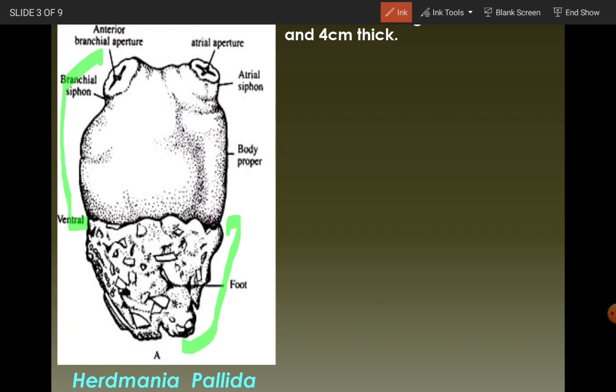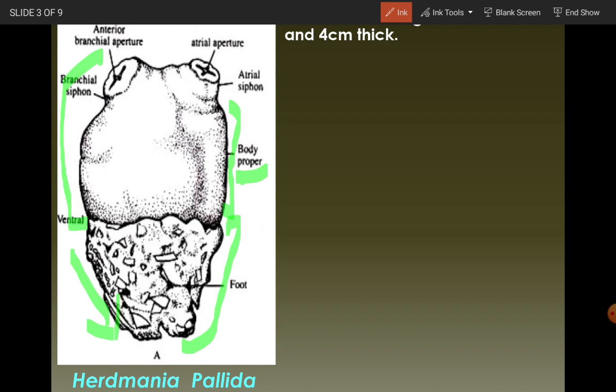Now if you see this body proper, it looks like a sac. This is the sac of the body wall, and the foot becomes a little narrower as it attaches the Herdmania to the substratum.